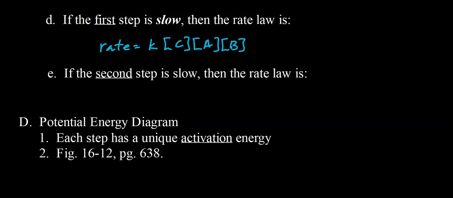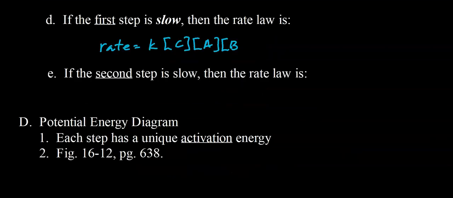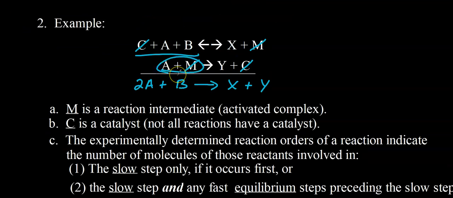So let's say the second step is slow. So first step is fast, second step is slow. So that means the rate of the second step depends on, whoops, didn't want to do that, sorry about that. The rate of the second step depends on the concentrations of A and M.